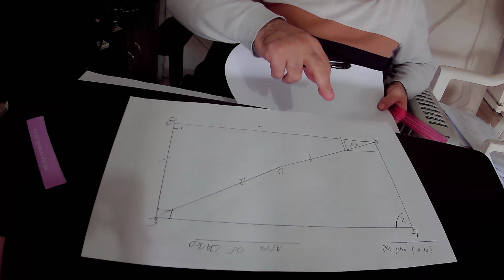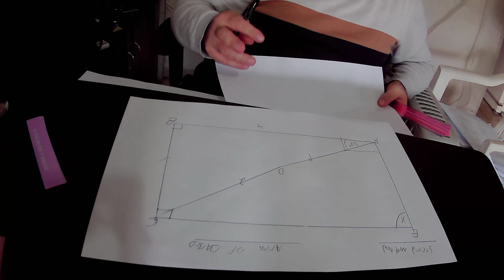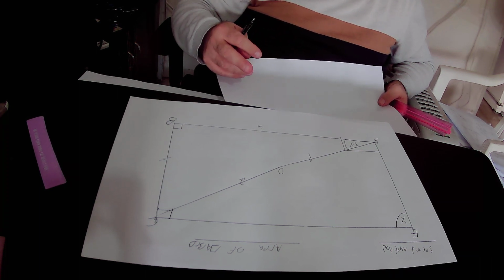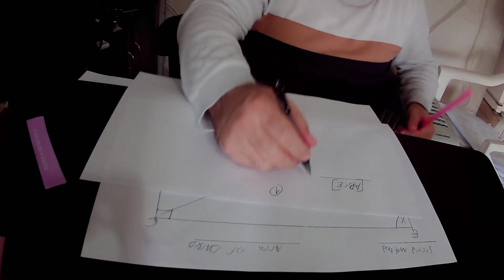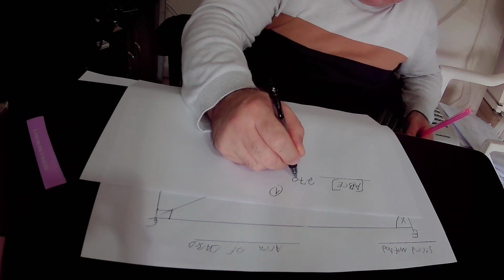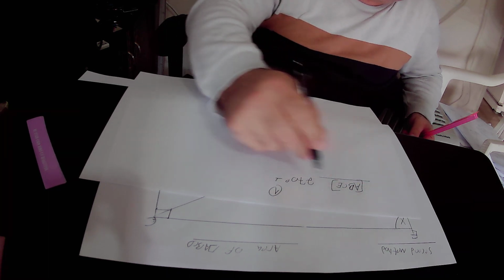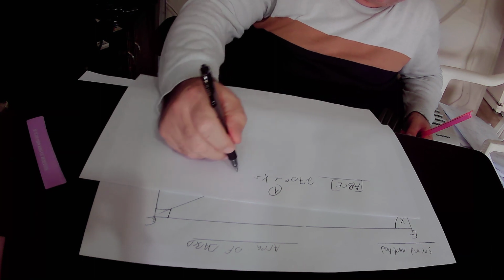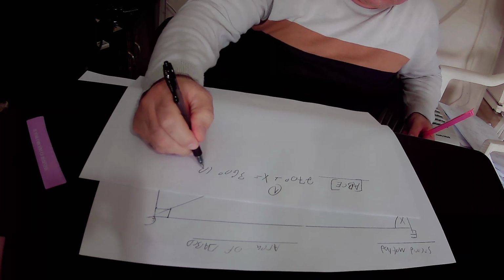Quadrilateral ABCE has three right angles, and the sum of three right angles is 90 degrees times 3, which is 270 degrees, plus the size of the fourth angle that is defined as x must be equal to 360 degrees according to rule number 1.